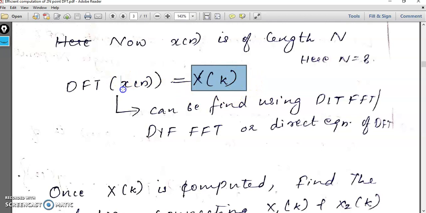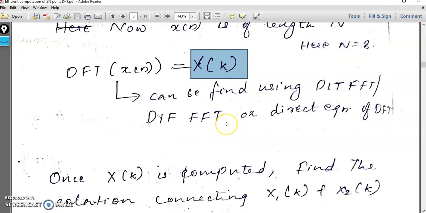That means using the DIT FFT algorithm, the DIF FFT algorithm or the direct method, you can compute the value of X of k. Only an N point DFT algorithm is required to get the N point DFT sequence X of k.